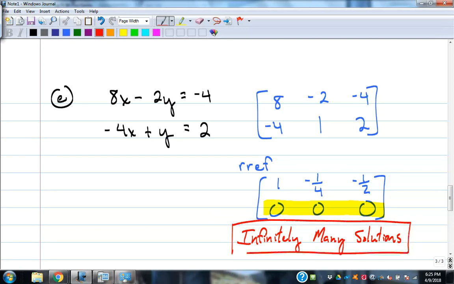If the bottom row is all zeros, it's infinitely many solutions. Doesn't really matter what's going on above that. It's the bottom row. That's the one we look at.